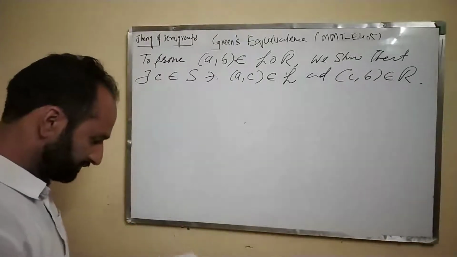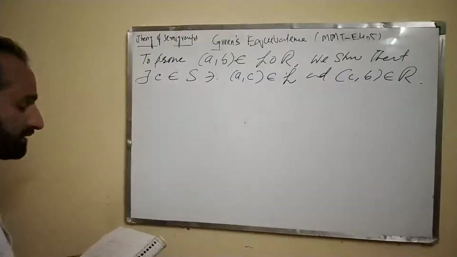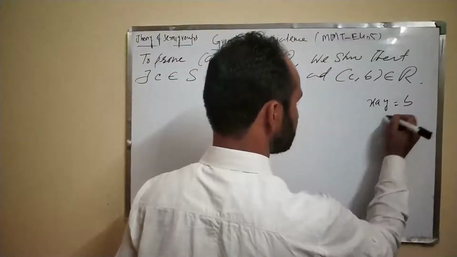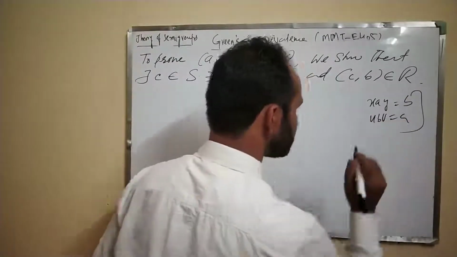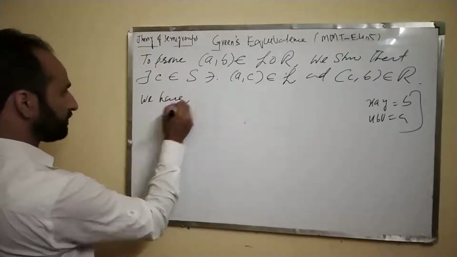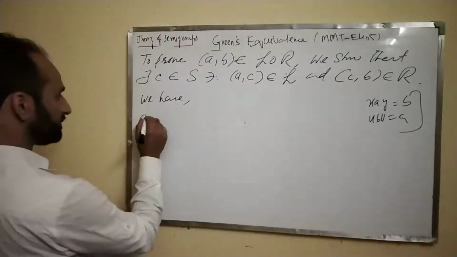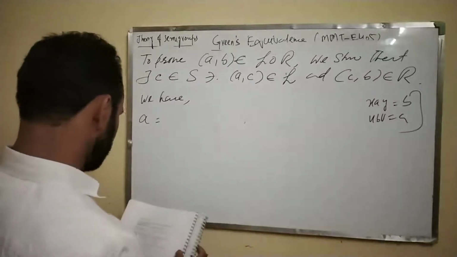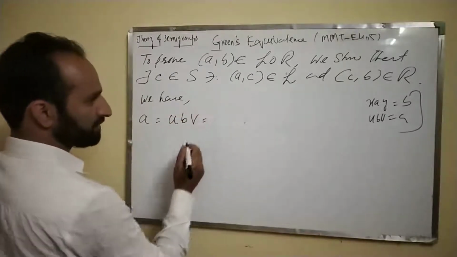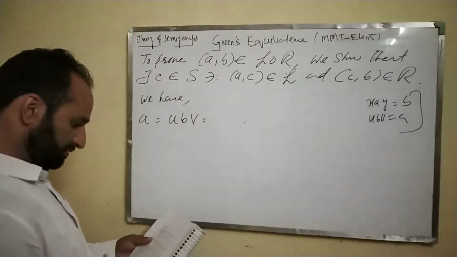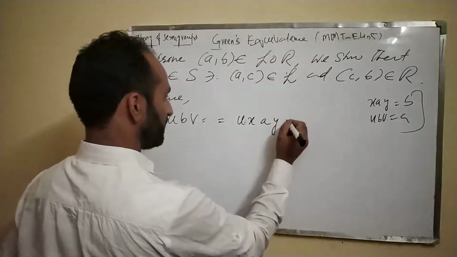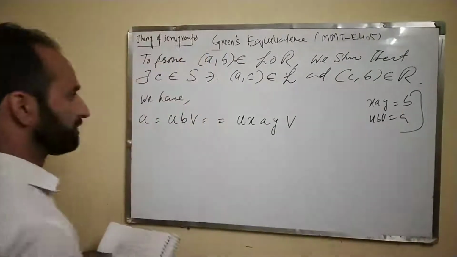Okay, let's use this equation. Actually, we have XAY is equal to B and UBV is equal to A. What's A? A is equal to UBV. And B is equal to XAY.